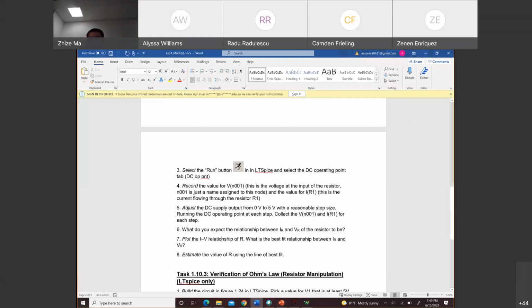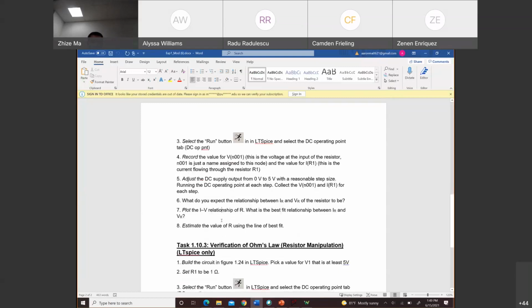When you do the plot for your write-up, don't forget to put a title, and don't forget to label the x and y axes, and also the unit. For the voltage, put the voltage unit; for the current, put your current unit, whether amp or milliamp. Then you will be able to find the resistance value according to this IV plot.